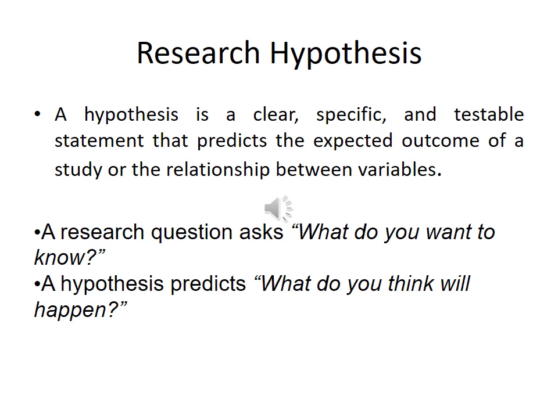Actually, the research question is what do you want to know, and the research hypothesis is what do you think will happen. So the hypothesis is your expectation or your prediction about the research question. The research hypothesis will come into frame only after framing the research question.